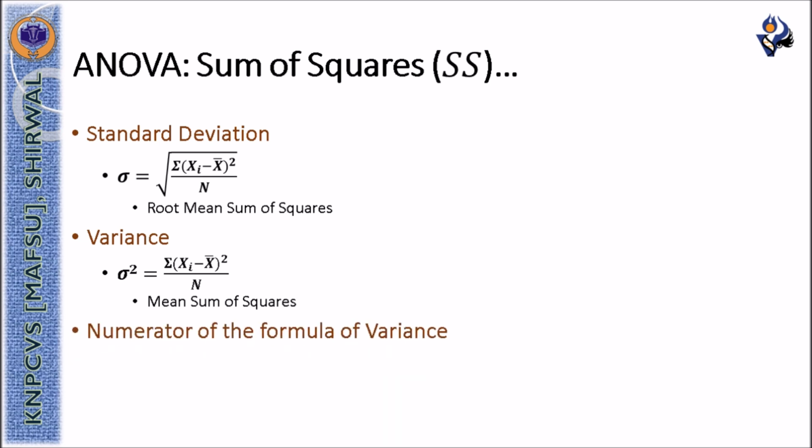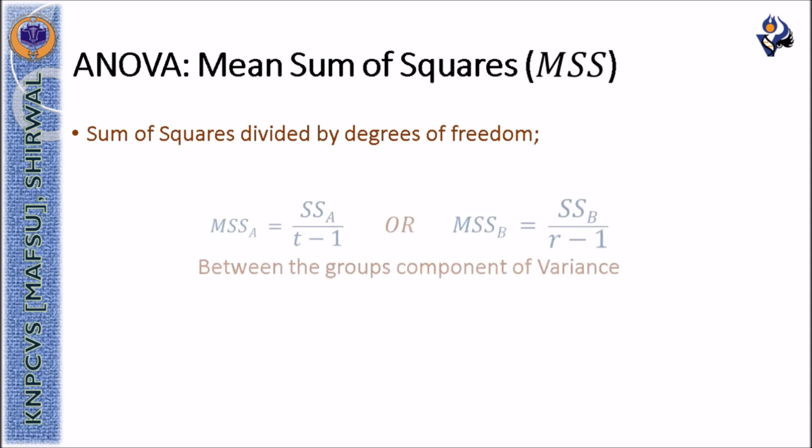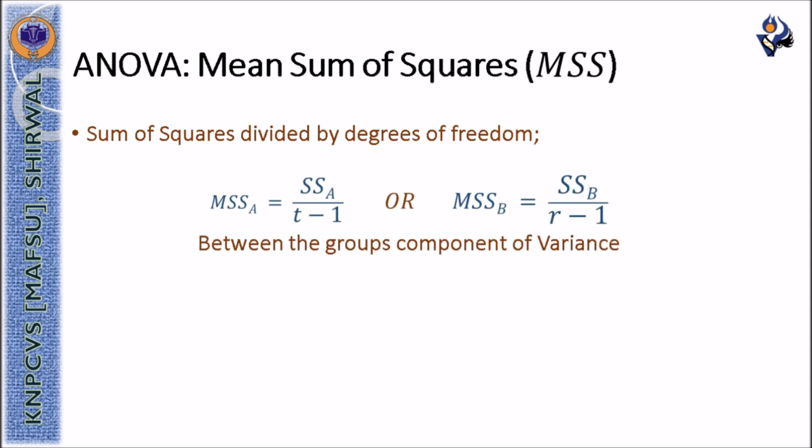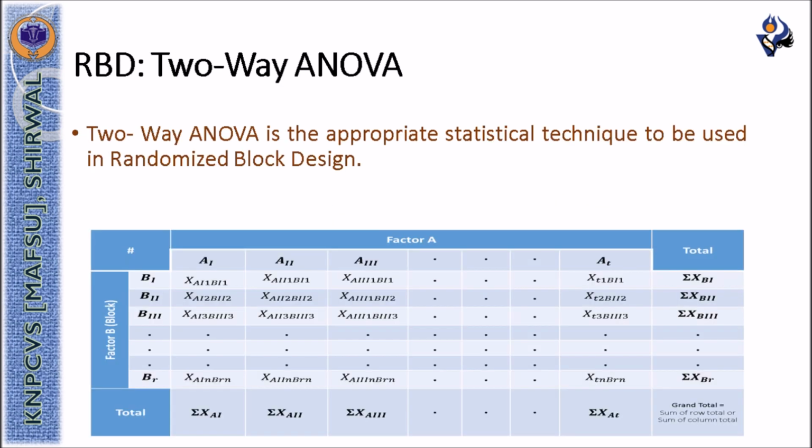Looking at the numerator of the formula of variance, what we observe is nothing but the sum of squares. If we divide the sum of squares by respective degrees of freedom, we get the mean sum of squares, which denotes nothing but the components of variance.